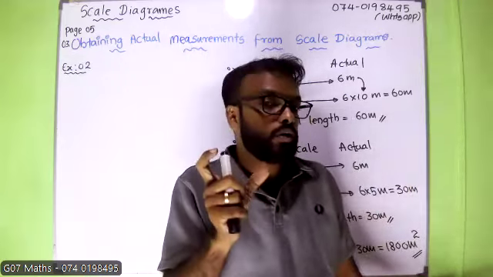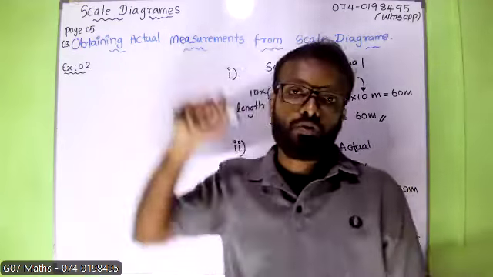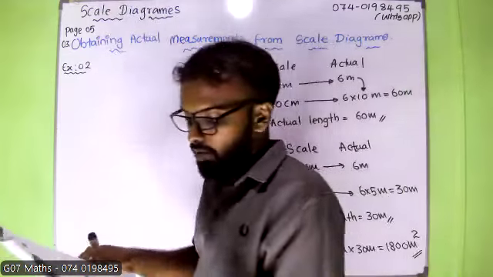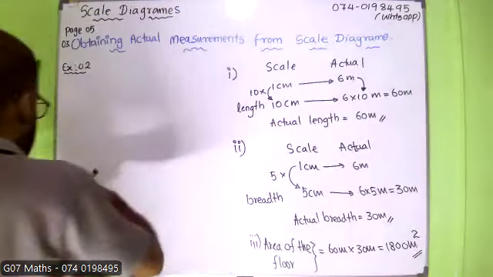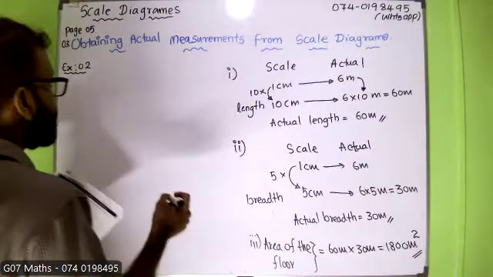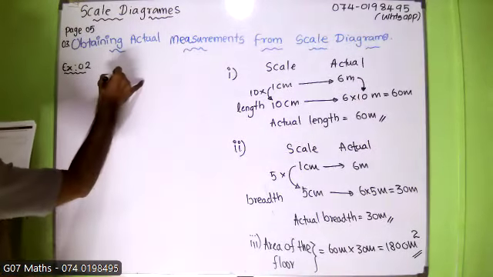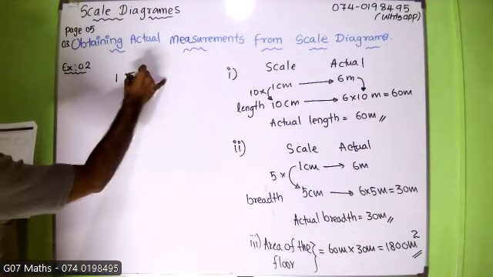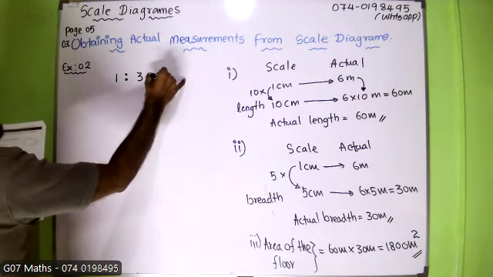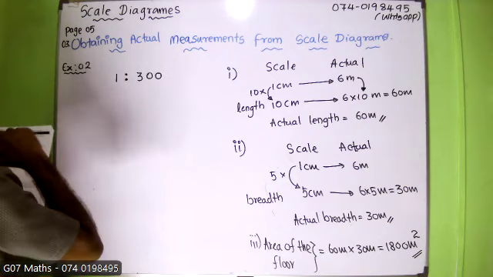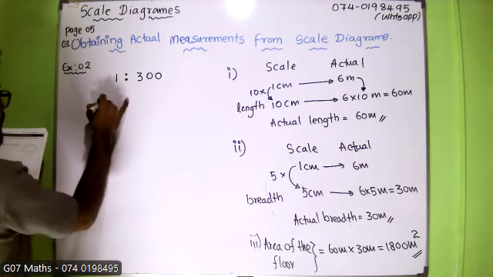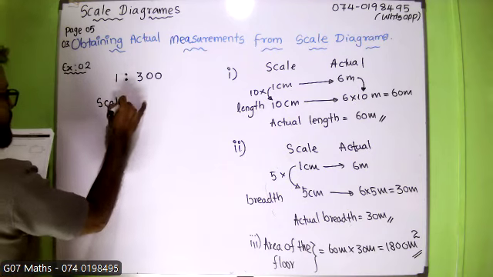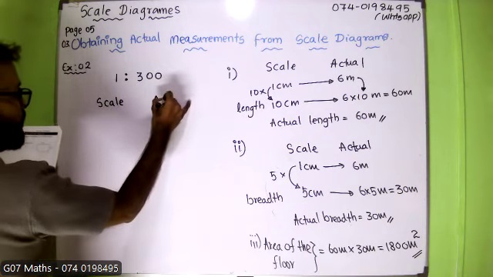So you have to calculate the actual length of the rooftop. It is a triangular shape. Where do you need to begin from? You need to begin from your scale, 1 to 300. They have given it. Your left hand side is the scale, right hand side is the actual length.